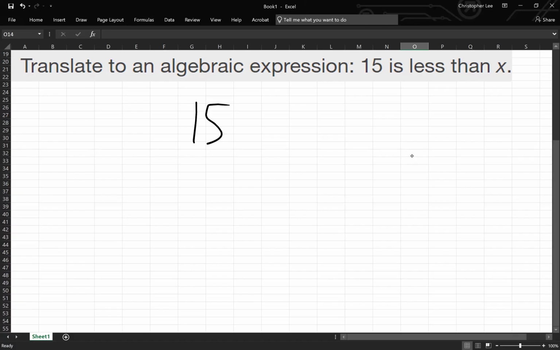Yep, I agree. Read backwards, you would say X is greater than 15. So is 16 part of this? Yeah. Okay, just checking.